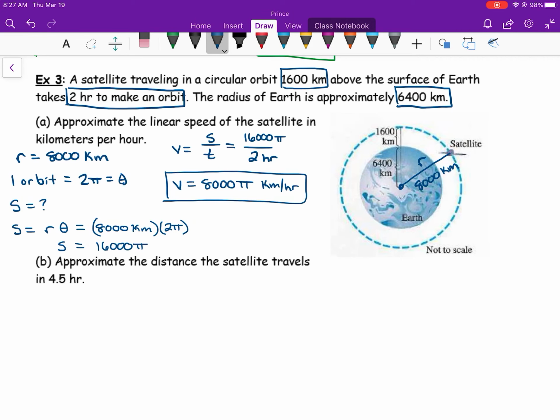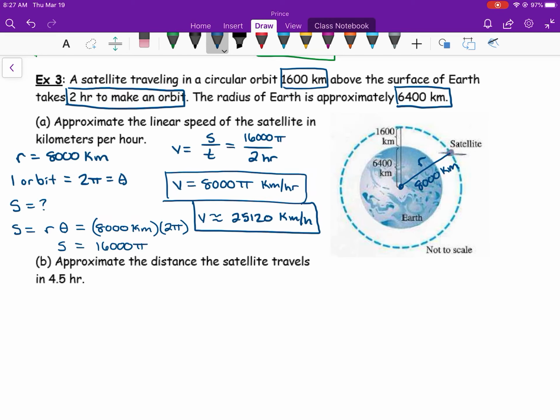You do 8,000 times 3.14. So this will be approximately 25,120 kilometers per hour. That's pretty fast. Moving pretty darn good.